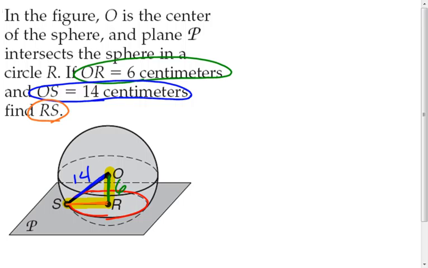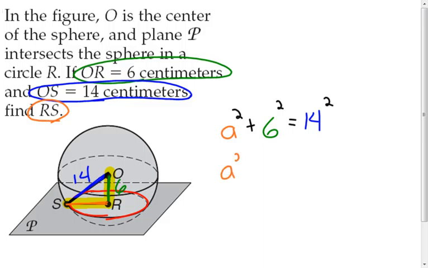So as I do that, I'm going to have a squared, which I don't know, so a squared plus my b is 6, square that, and it's going to be equal to my c, 14 squared. Now I just have to solve my equation.